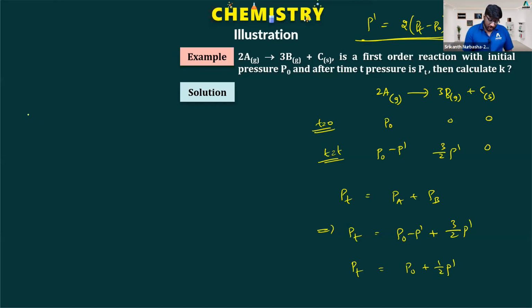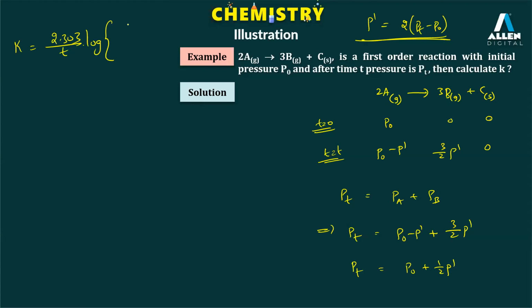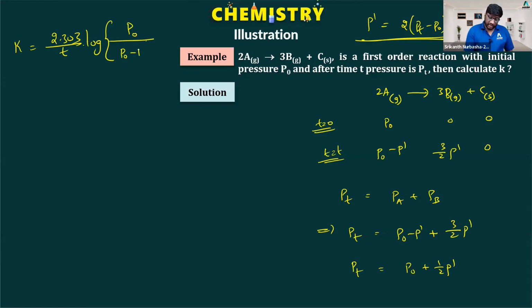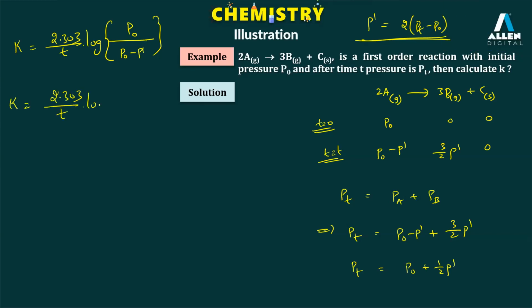So what is the rate constant K? K is equal to 2.303 by t into logarithm of P naught by P naught minus P dash, because the pressure of A at time 0 is divided by the pressure of A after some time t. So P dash, how can you write it?